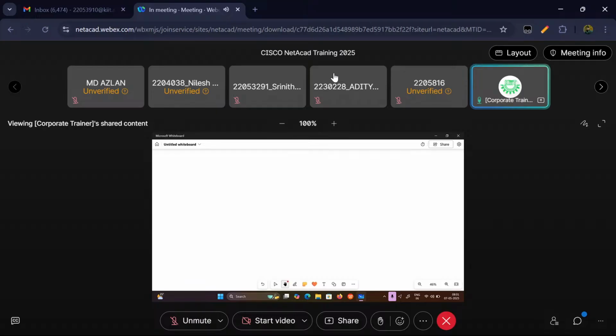My first subnet network will start from 0. So that is my subnet 0. You can write it here like subnet 0.